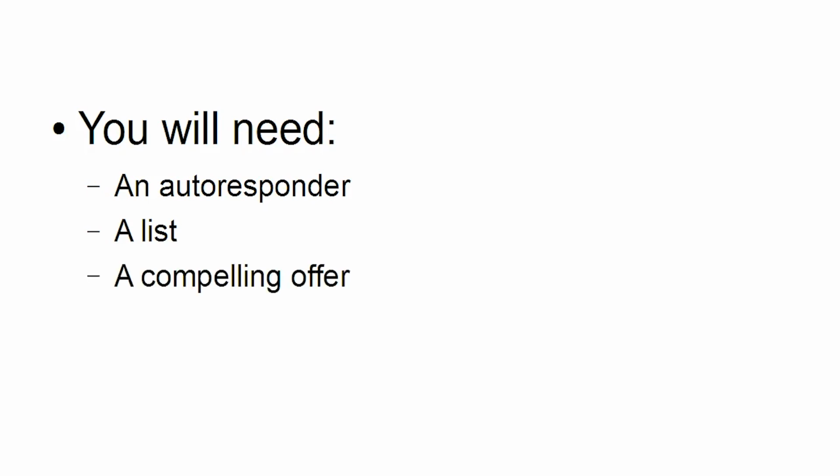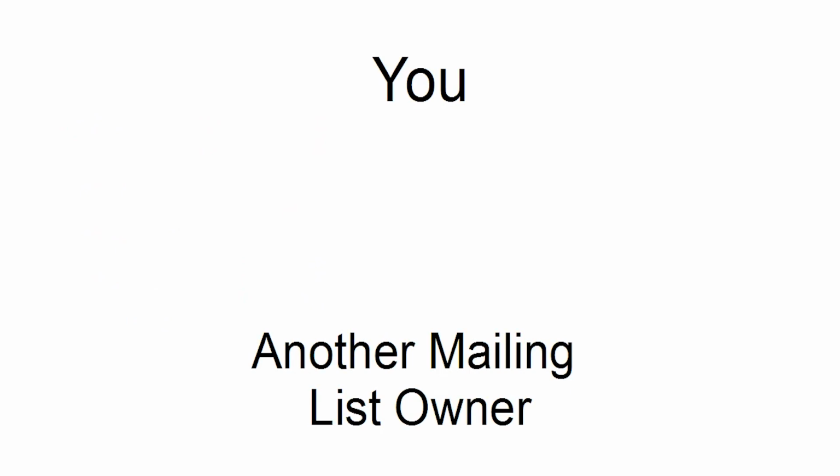You're going to need a compelling offer, and usually that involves a free giveaway, so a free report, free ebook, that sort of thing. And the way that it works is a bit like this. It involves you and another mailing list owner. You contact the other mailing list owner and you set up an ad swap.